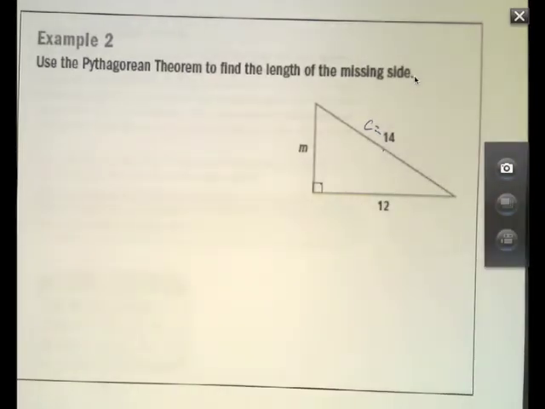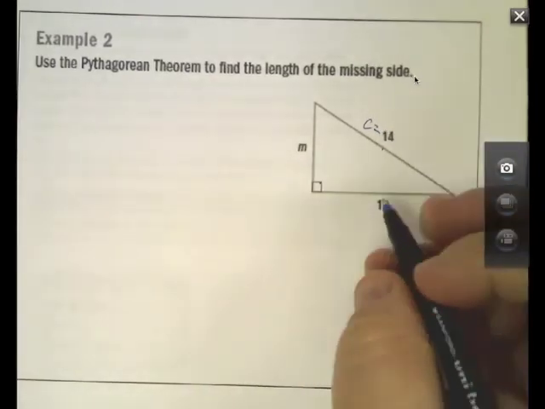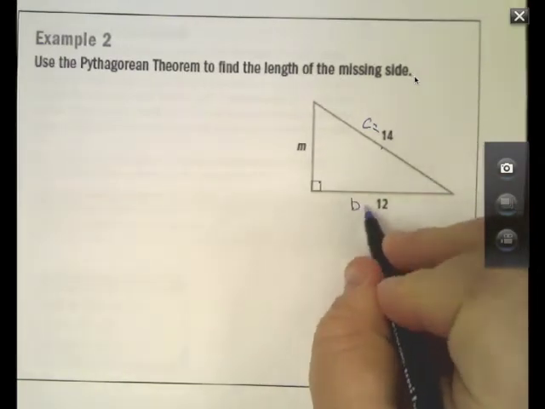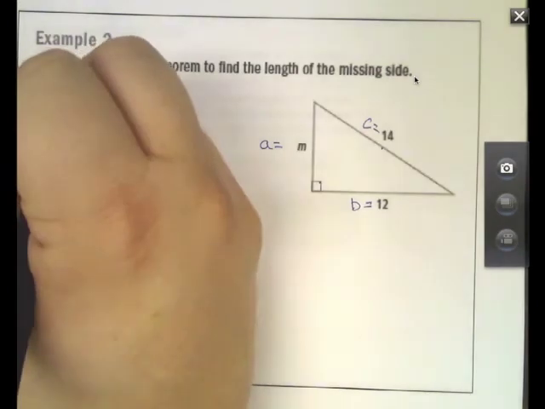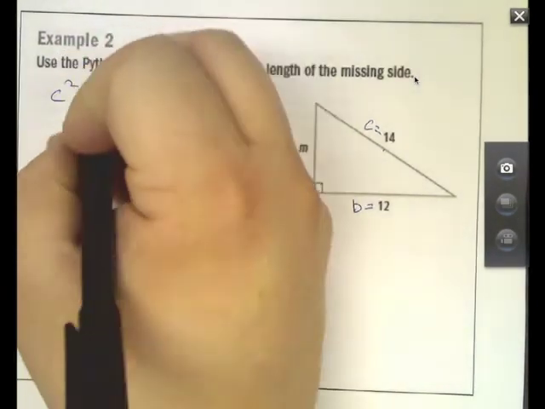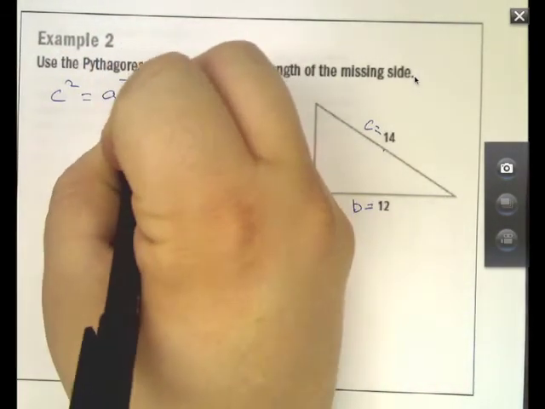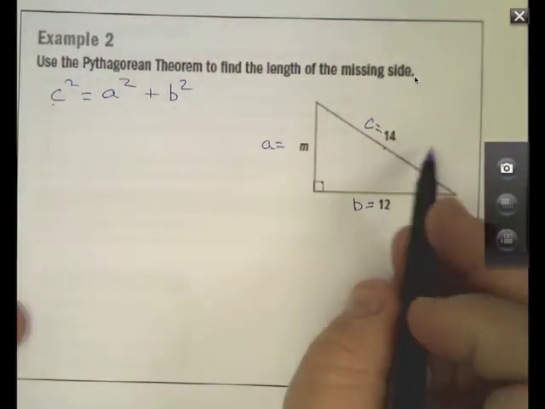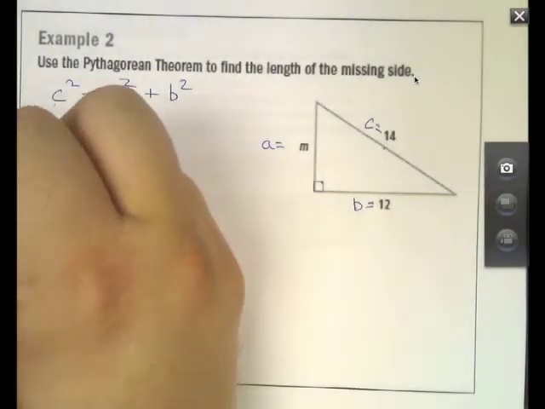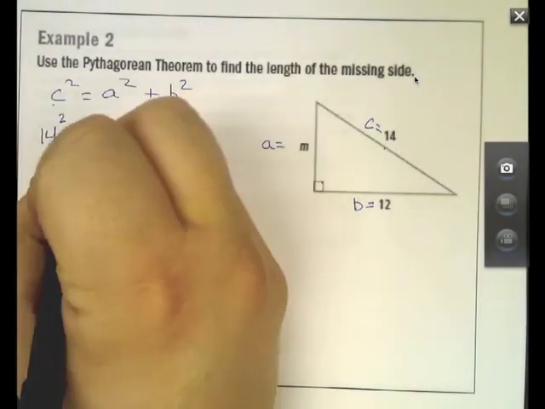What you should notice is, I know the side opposite of my right triangle, so I know what C is. I'm going to call this side B. I'm going to call this side A. So I'm going to put it into my equation. C squared equals A squared plus B squared.